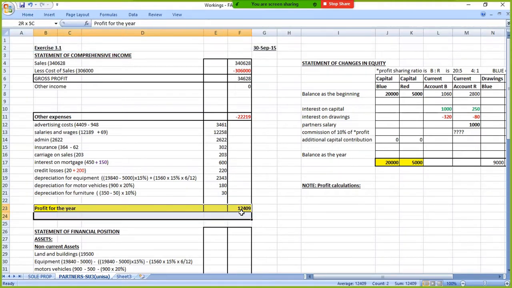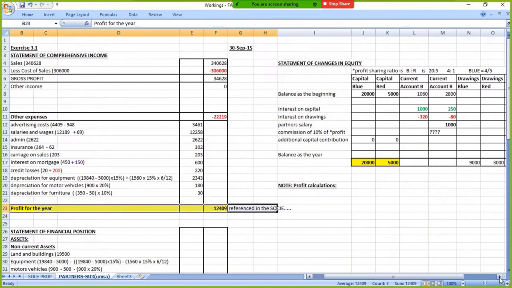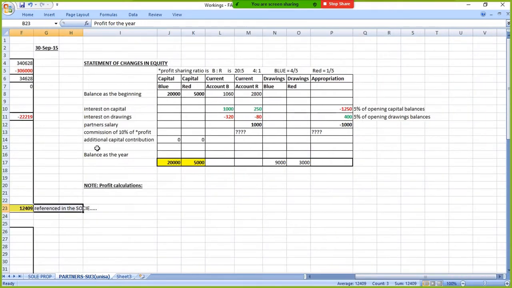This profit is going to be referenced in the statement of changes in equity, because it's a disclosure line item. So let's go to our SOCI. We need to show that here at the top. Profit for the year. So how much can they share? They can share 12,409. Highlight that.